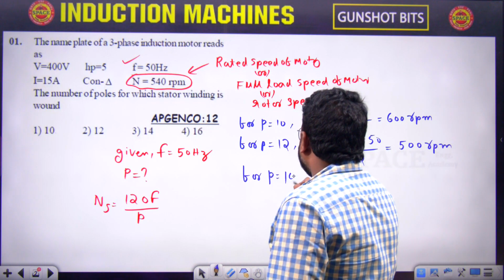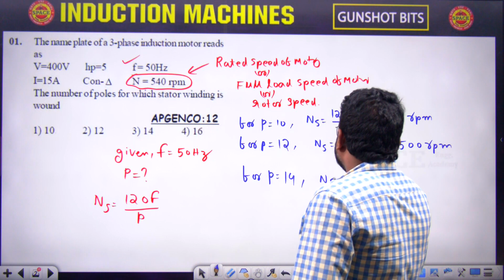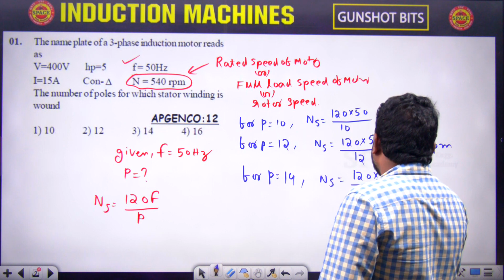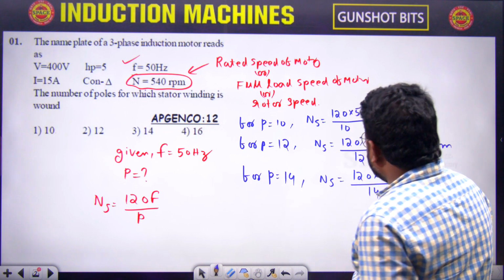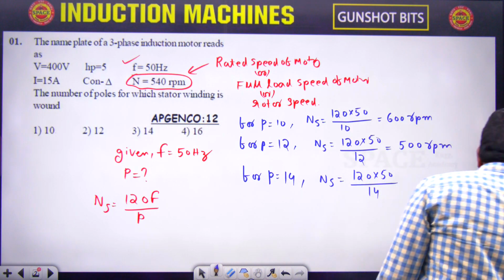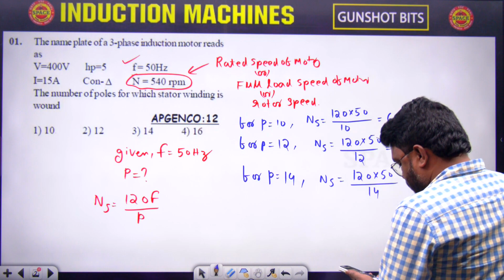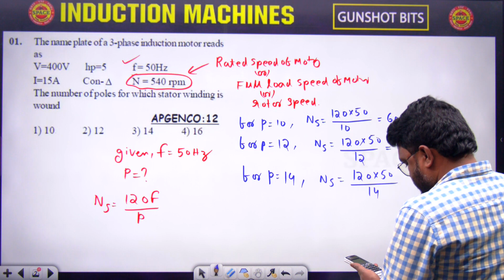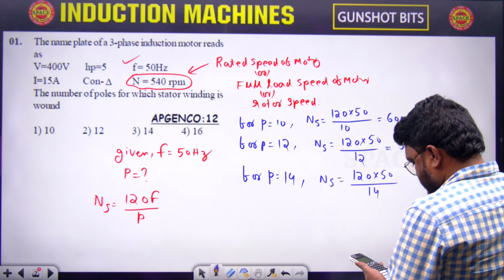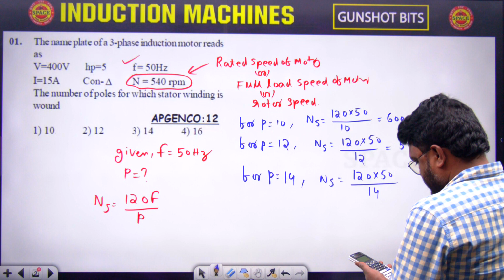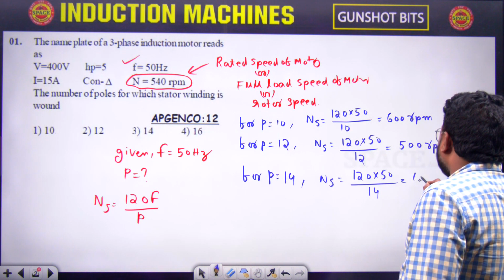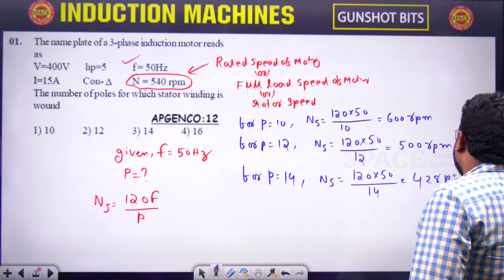Similarly, for P equal to 14, Ns is equal to 120 into 50 divided by 14 poles. By solving this, the speed is equal to 428 rpm.